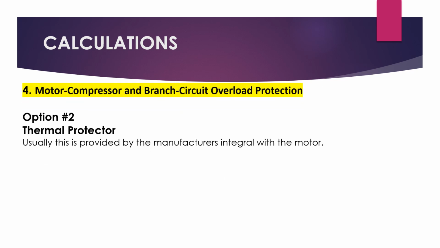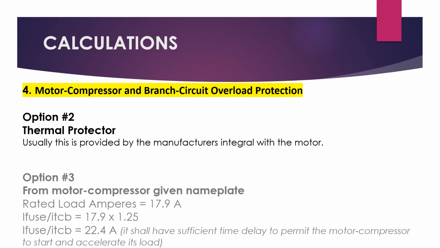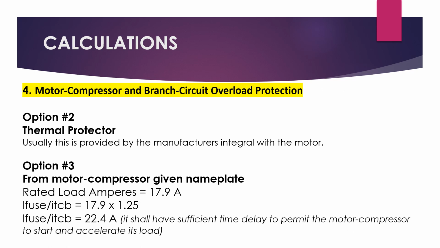Now for option 2, which is the thermal protector, this is usually provided by the manufacturers, which is integral with the motor. For option 3, from the motor compressor nameplate, rated load amperes is equal to 17.9 amperes. So current of fuse or I of fuse or ITCB, inverse time circuit breaker, is equal to 17.9 times 1.25.